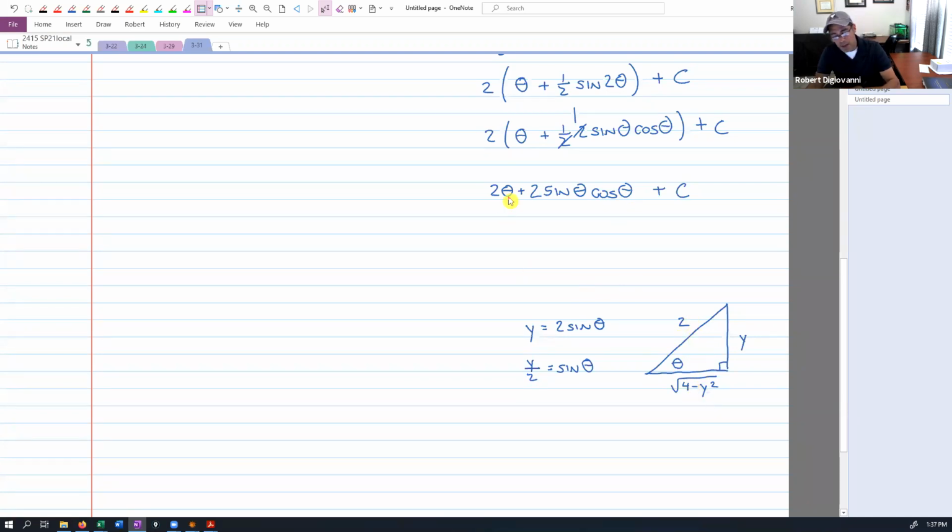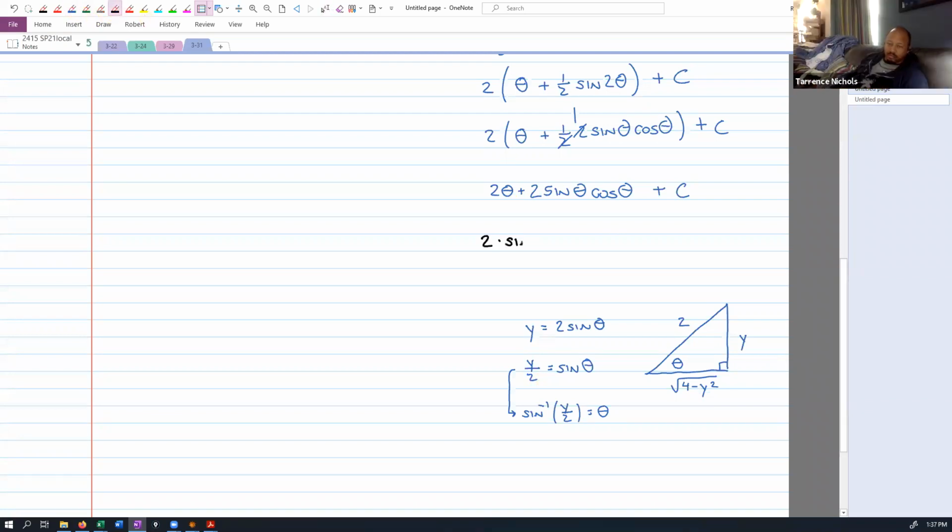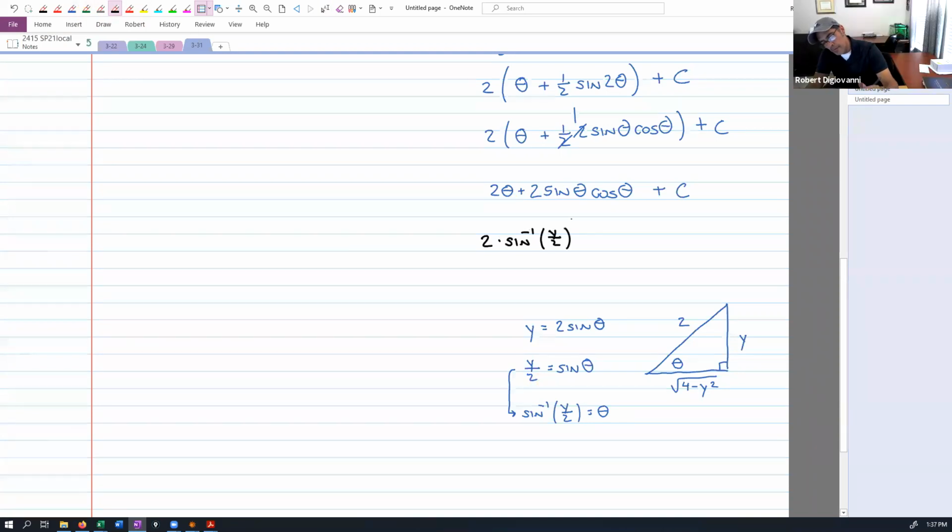We also need to know what theta is. So I take this and do arc sine on both sides. So we have, finally, 2 arc sine of y over 2, plus 2 times sine of theta, which was y over 2, times cosine of theta, which is the square root of 4 minus y squared over 2.